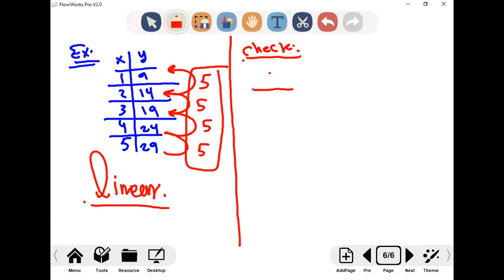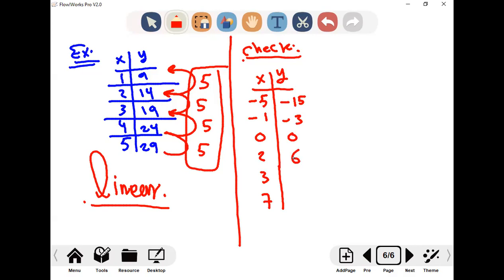I will start with the first table: x and y, with x values -5, -1, 0, 2, 3 and y values -15, -3, 0, 6, 9, 21.